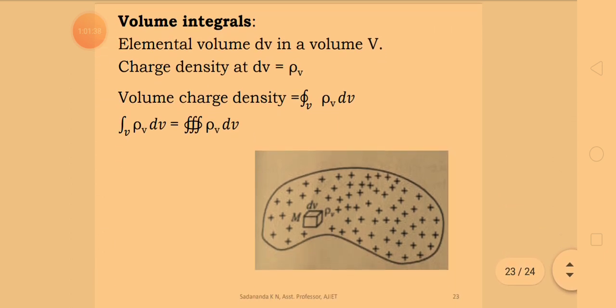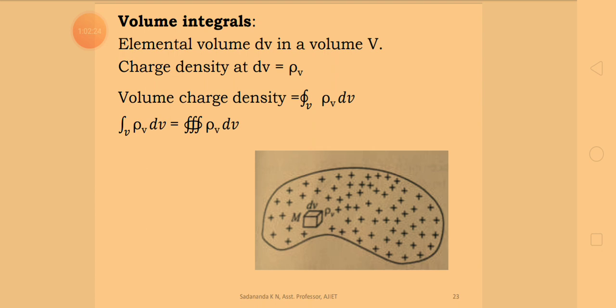So next concept is volume integral. In order to explain the volume integral, let us consider the volume in which charge distribution is taking place continuously, referred to as volume charge density. For that volume charge distribution, we consider an elemental volume dv at a particular point m, which is shown in the slide.